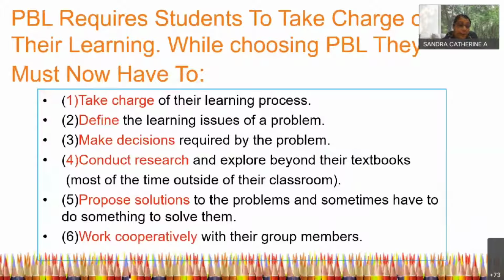They need to take charge of their learning process, define what the problem is, and find out how to solve it. They conduct research, which means they find the resources they need to learn about that topic, and then they propose solutions to the problems, and they have to work cooperatively in the group.